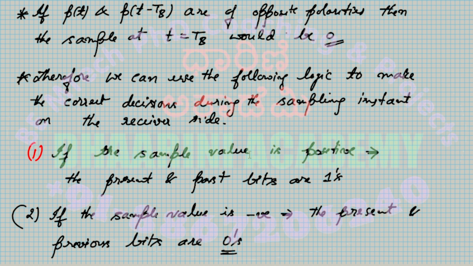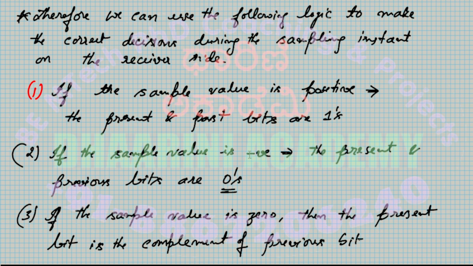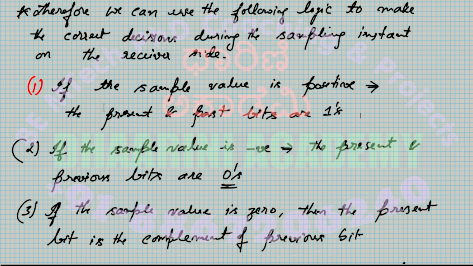So we'll try to build a logic now. The logic says, if the sample value is positive, in the sense I'm directly looking at what I got at t equal to Tb, and the value is positive, that means it should be the sum of two positive numbers. So the present and the past bits are positive, in the sense they are ones. That's point number one.